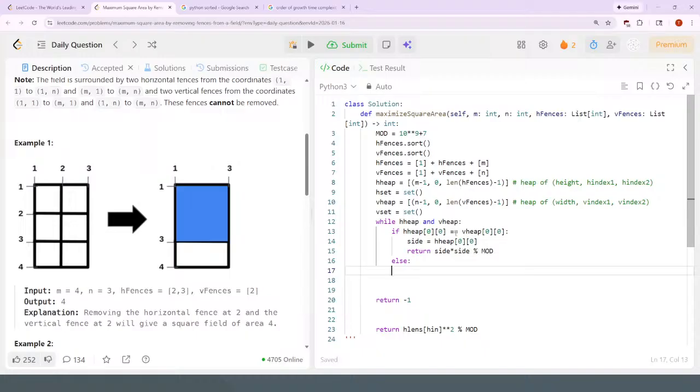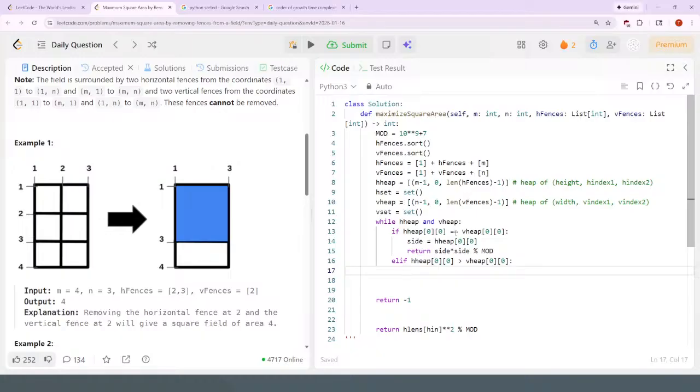Else, if the top of the H heap has a length that is bigger than the V heap, so the highest height is bigger than the largest possible width, then I need to break it up.